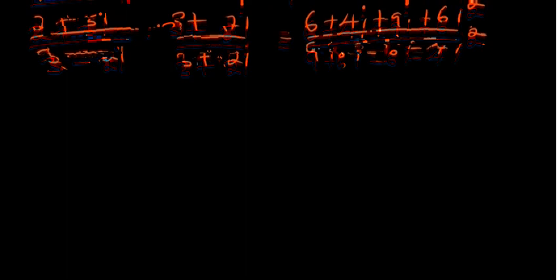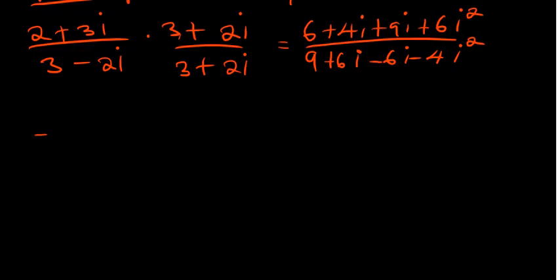So when you add at the numerator, let's simplify it first. You have 6 plus, with the i's here you have 4i and 9i. So 9 plus 4 is 13, so you say 13i.